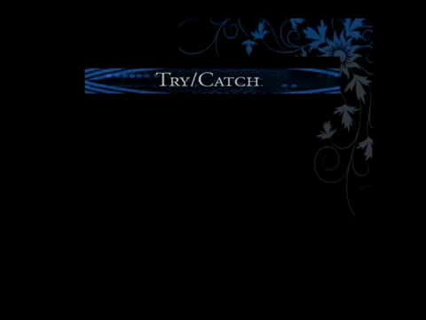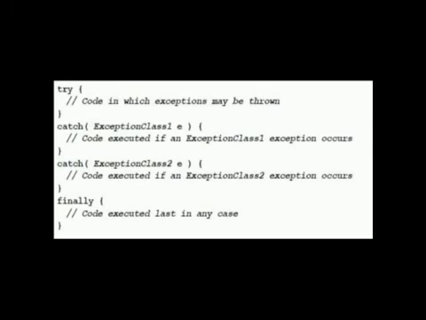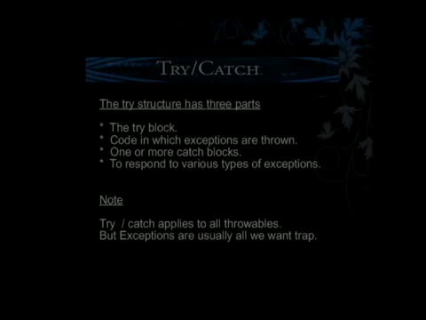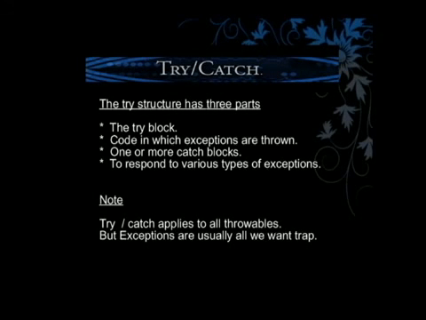When you write code that traps and responds to an exception, you are handling the exception. Java's mechanism for trapping exceptions is the try structure. The try structure has three parts.